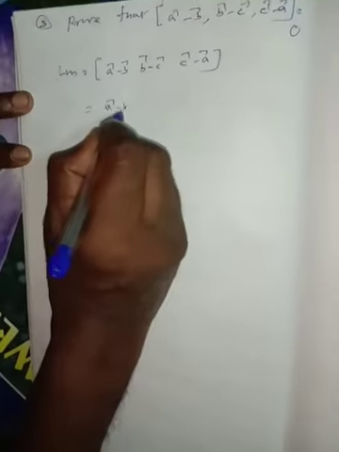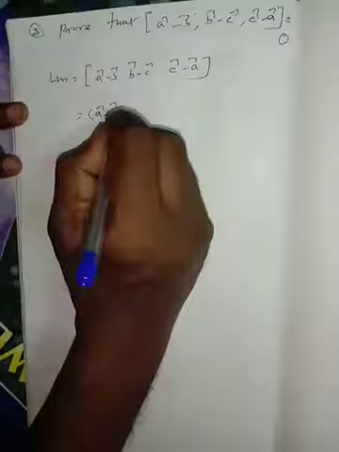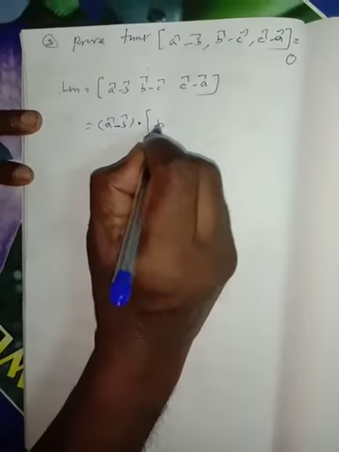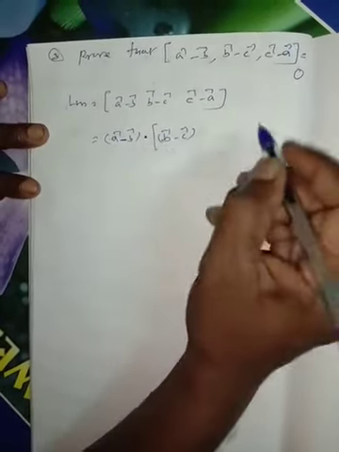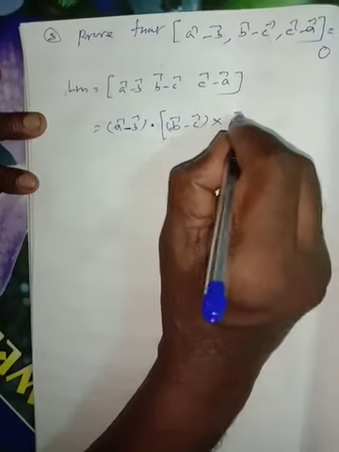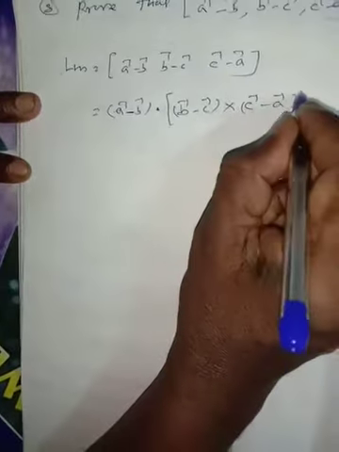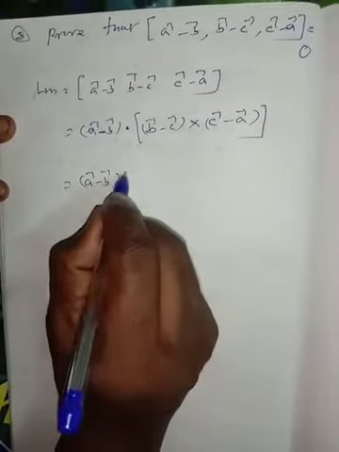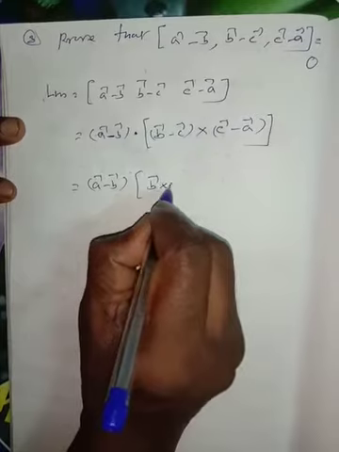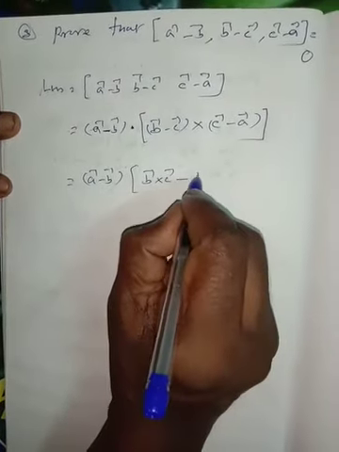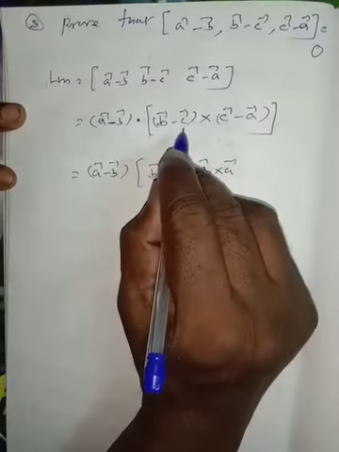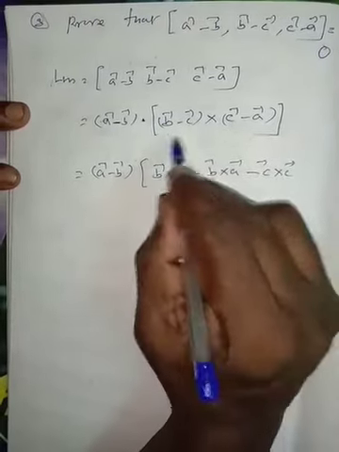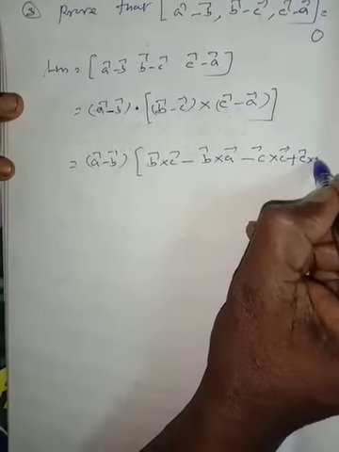So (a vector minus b vector) dot product of (b minus c vector) cross (c vector minus a vector) is equal to (a vector minus b vector) dot (first b cross c, next minus b cross a, second and first minus c cross c plus c cross a vector).